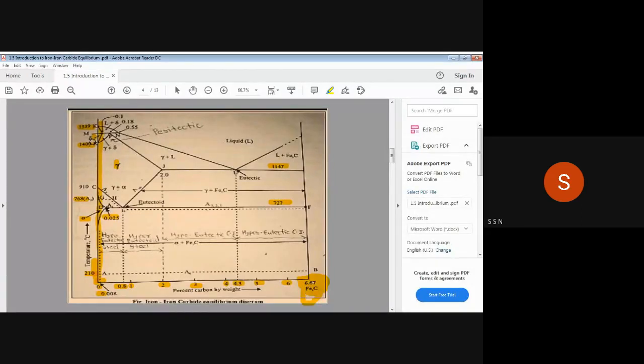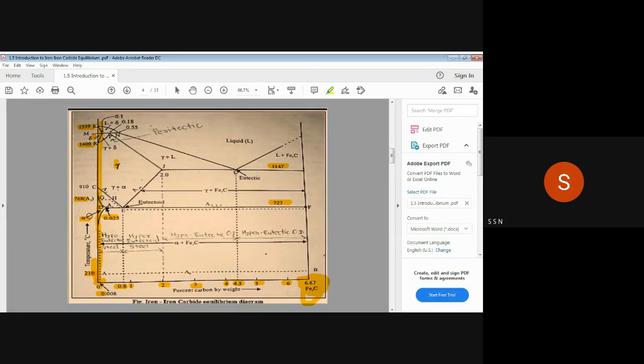Alpha iron is having BCC structure, body centered cubic. Gamma iron is having FCC structure, face centered cubic, and delta iron is having again BCC structure. So alpha and delta are having BCC structure and gamma is having FCC structure.